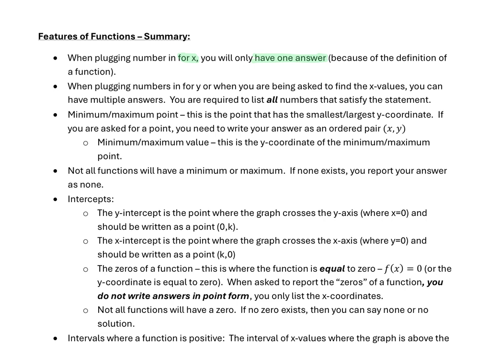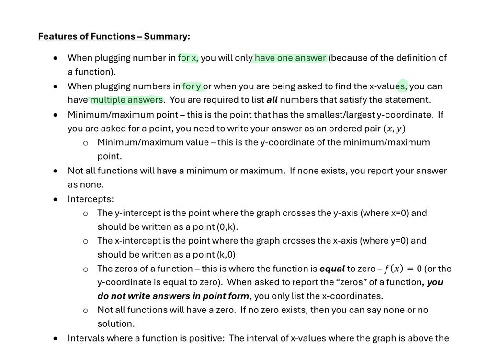When plugging in numbers for y, or when being asked to find the x values, you can have multiple answers. If you are asked to do this, make sure that you list all numbers that satisfy the statement.